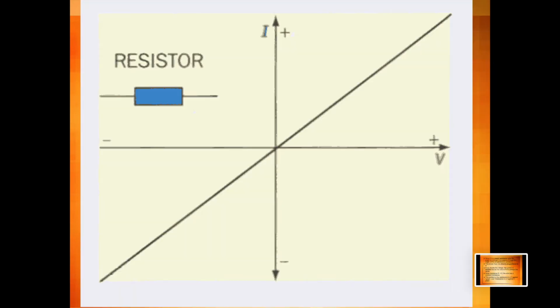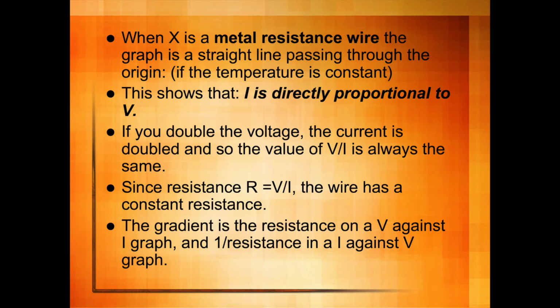So this graph represents ohmic behavior, where we have a linear relationship between voltage and current. When you have a resistor that is exhibiting ohmic behavior, your current is directly proportional to your voltage. Regardless of how you have your V or your I, sometimes you'll see the graph where you have voltage on the x-axis and current on the y, and sometimes it will be reversed.